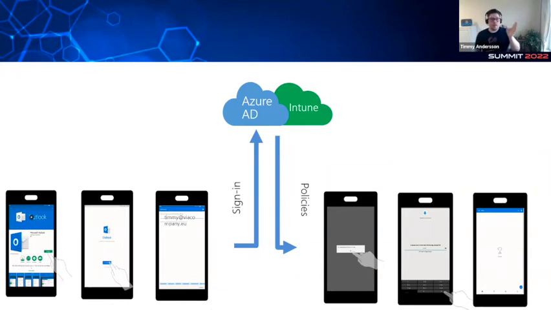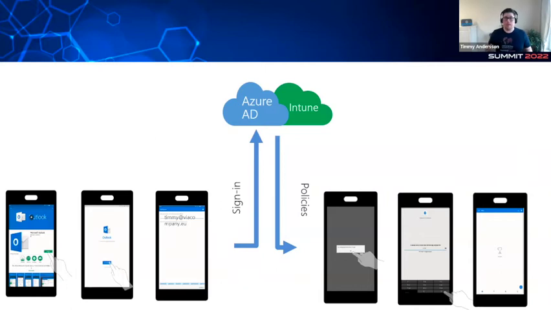The sign-in also triggers a lookup in Intune to see if we have any app protection policies for this specific app. If there is an app protection policy for Outlook, for example, then that policy gets pushed down to the application locally on the device. That could mean the user is required to set a PIN code on the app to get access to their email.